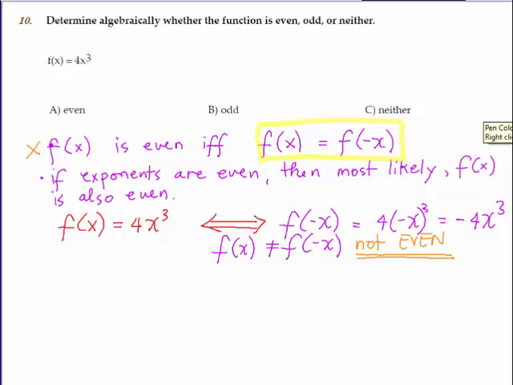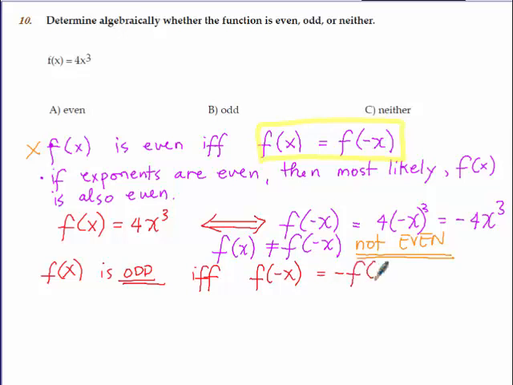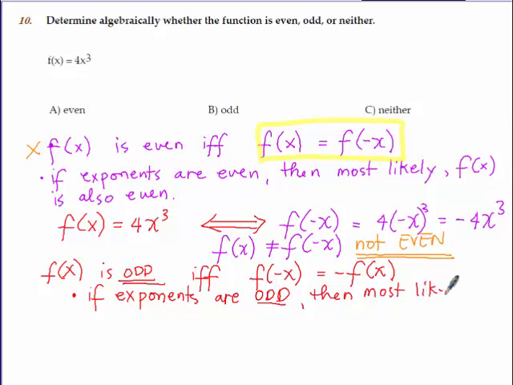What does the odd function define? f of x is odd if and only if f of negative x is equal to negative f of x, and also if exponents are odd, then most likely f of x is also odd.